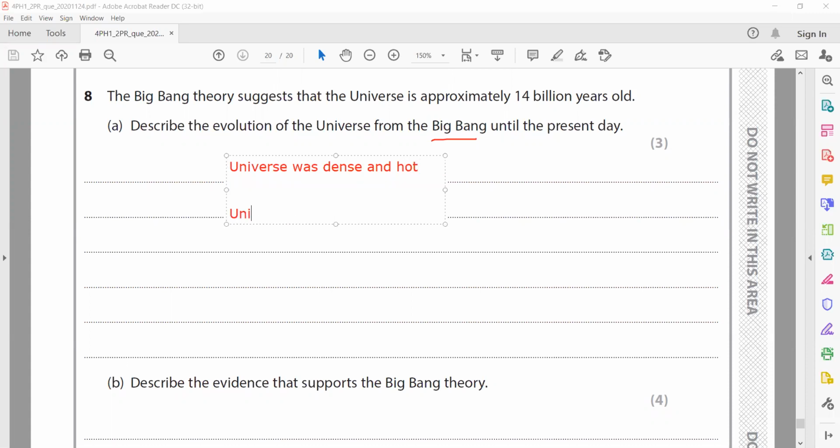The universe cooled down since the Big Bang, and is continuously expanding.